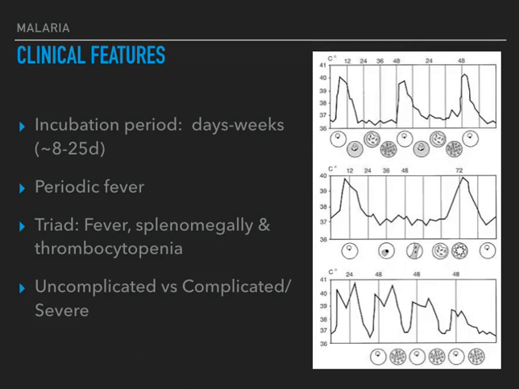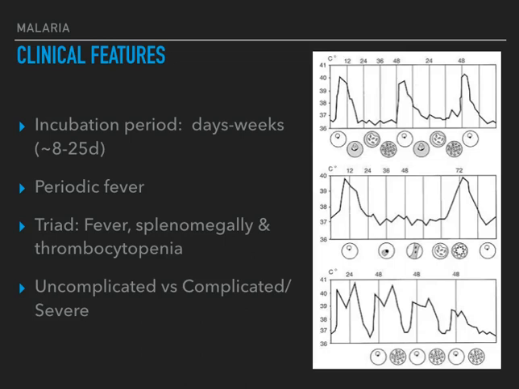Uncomplicated malaria will typically involve a viral prodrome, including things like malaise, myalgias, headache, and chills, and often can be mistaken for sepsis or even hepatitis. Occasionally, the patient will get chest pain, a cough, or even abdominal pain, and this typically progresses to a high-grade fever, chills, nausea, and weakness. The fever then abates hours later and leaves the patient exhausted and diaphoretic.